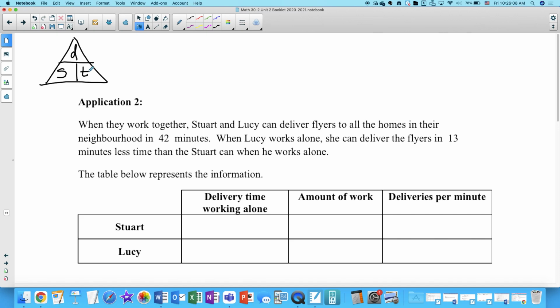So if you think about it, speed is equal to distance over time. Time is equal to distance over speed. And then distance is equal to speed times time, because they're beside each other. You can generalize this in the same way with a rate, where this is your rate, just like speed is a rate.